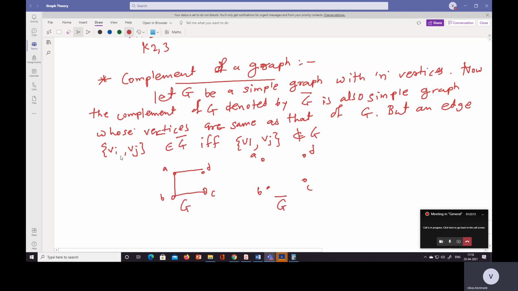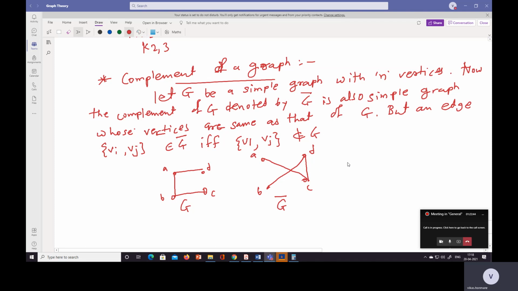There is one more condition: Vi Vj belongs to G if and only if Vi Vj does not belong to G bar. So these three edges are not there in G bar. We can use this, and lastly D to C. So this is G bar.